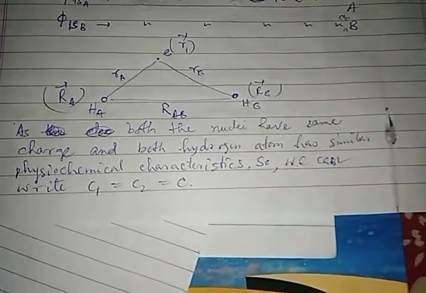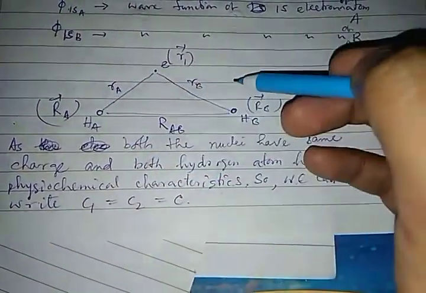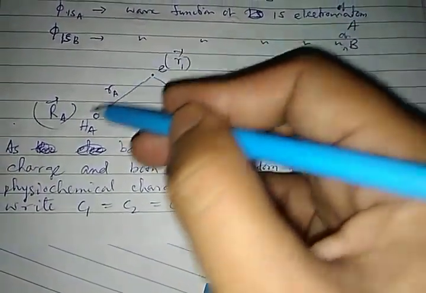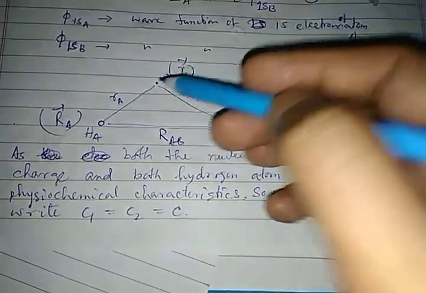So the probability of finding this electron in these two similar nuclei will be of the same chance.